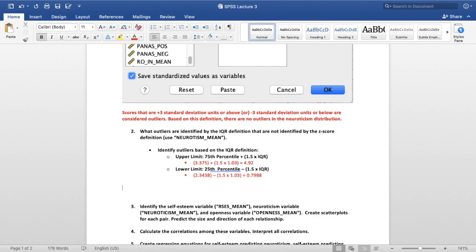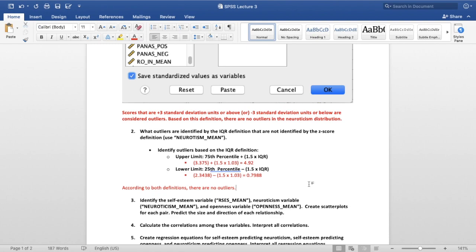So let me just write a little bit of an interpretation. What's going on here is that according to the z-score definition, and according to the IQR definition, there are no outliers.